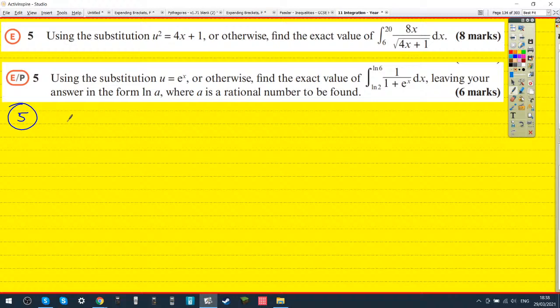Yep. Which is just e to the x? Yep. And so we've got du over dx equals e to the x. Mm-hmm. And so 1 over e to the x times du equals dx.